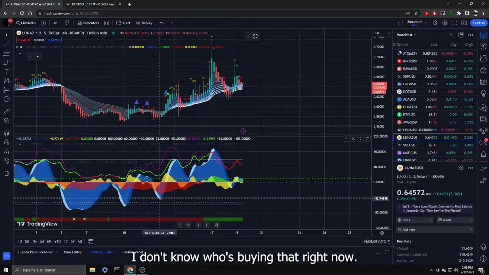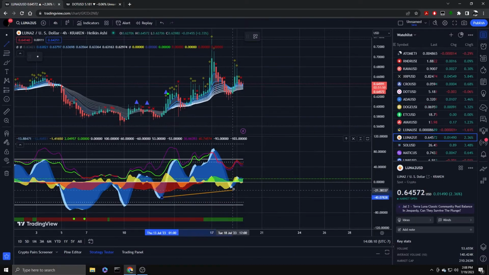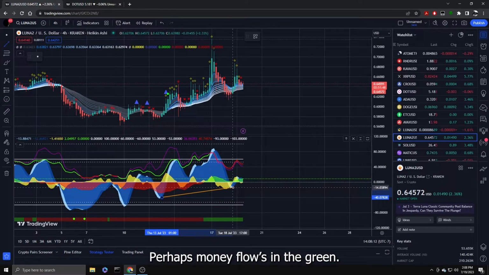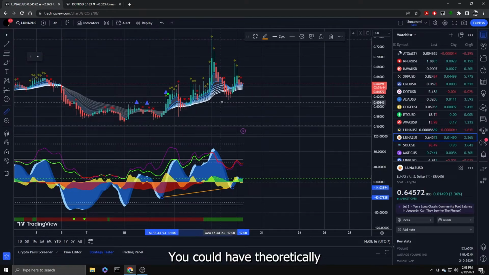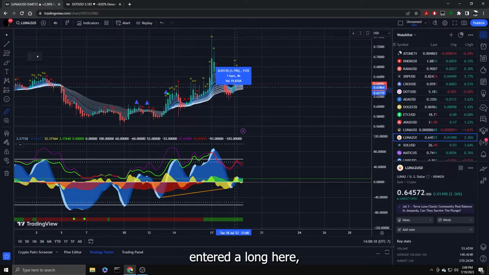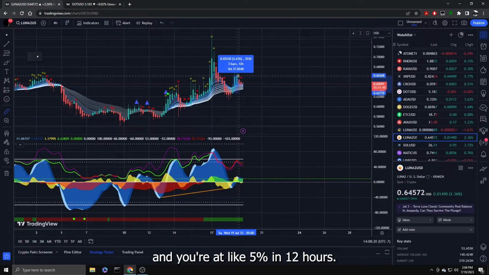This is Luna 2. I don't know who's buying that right now. Right here, we got a trigger wave, perhaps. Money flows in the green. You could have, theoretically, entered along here, and you're at like 5% in 12 hours. Not bad. Nice little scalp trade. If you're doing some leverage, 5, 10x there in half a day, that's big money.